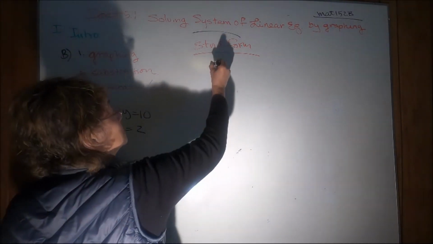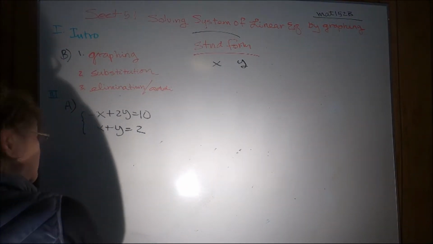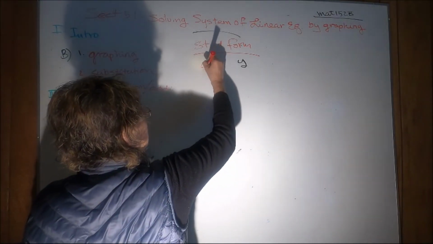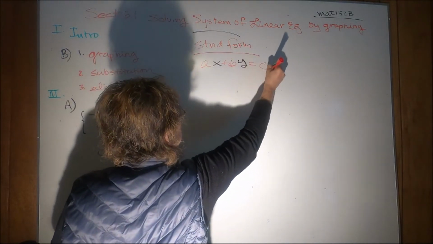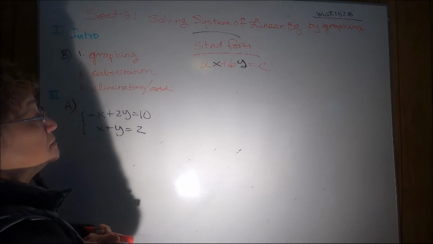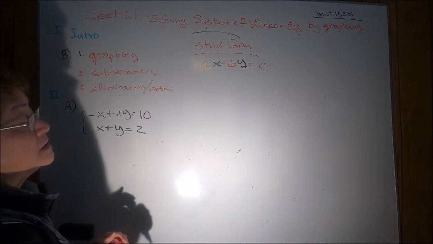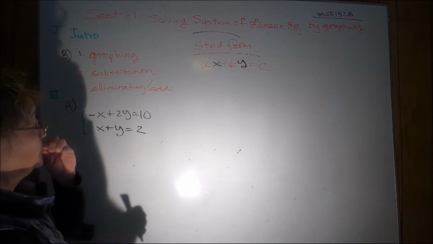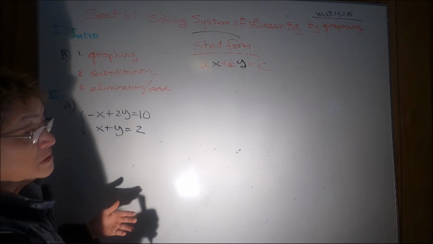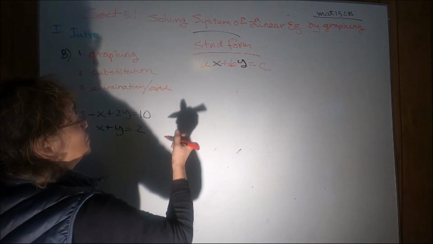Two variables, x and y, with power of 1. Standard form of linear equation is ax plus by equals c, right? Both x and y are on the left side of the equation. A, B, C are real numbers, and A, B are not both zeros. Okay, if both zeros, then you don't have an equation.